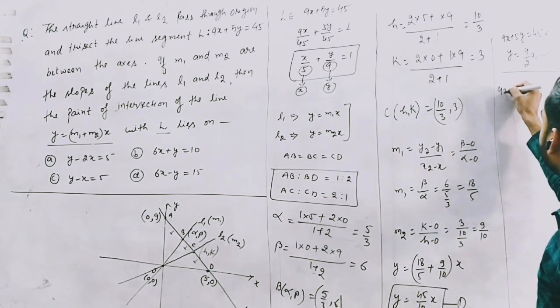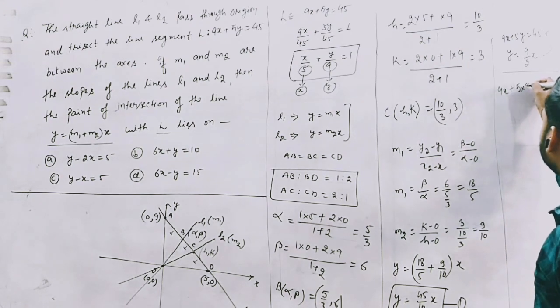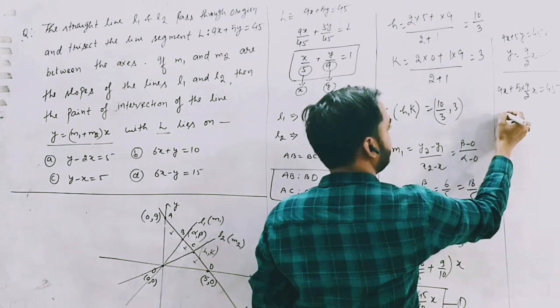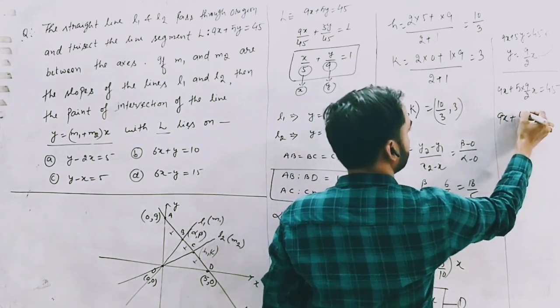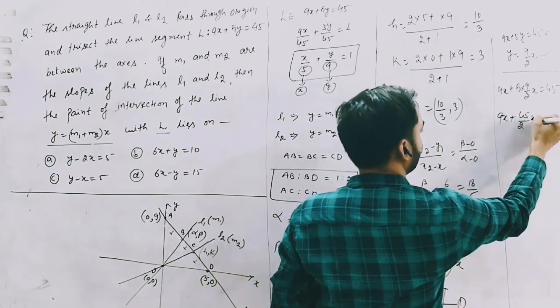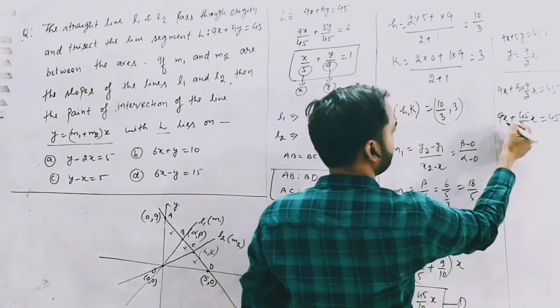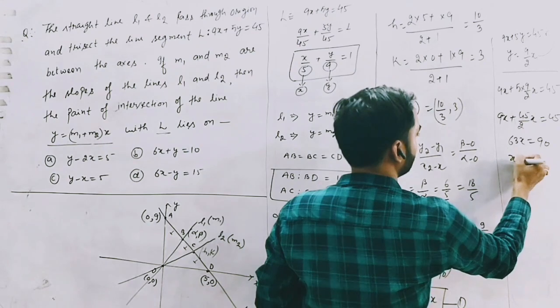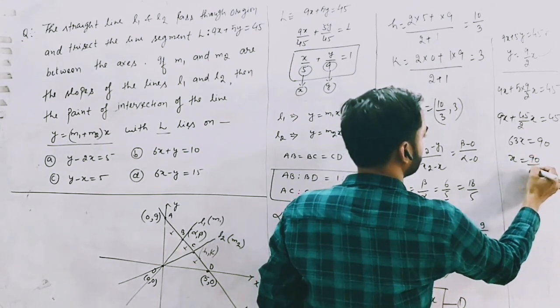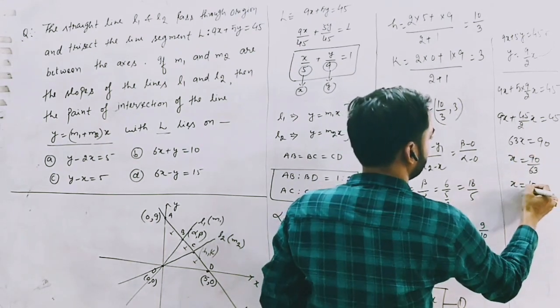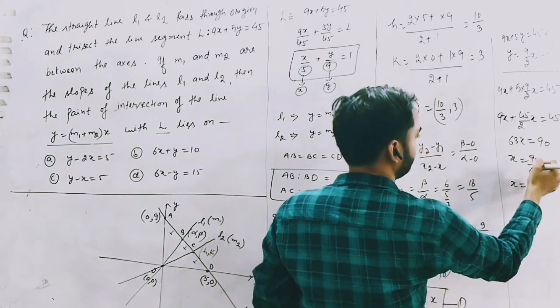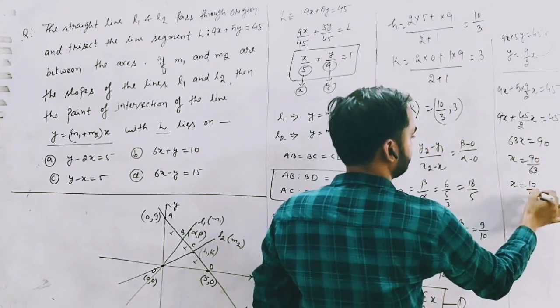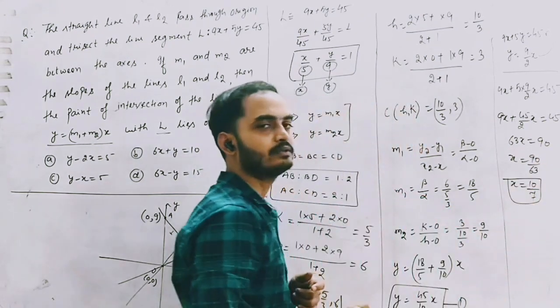We will get 9x plus 5 into 9 upon 2x is equal to 45. And here we get 9x plus 45 by 2x is equal to 45. So x is equal to 90 upon 63, that is x is equal to 10 by 7.